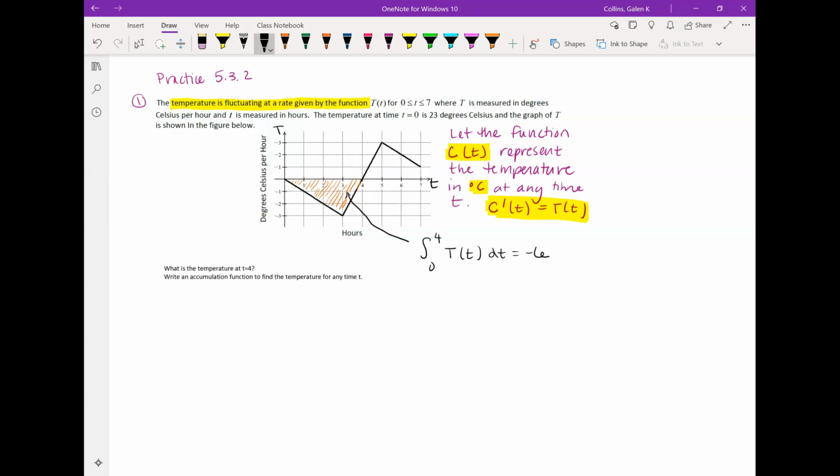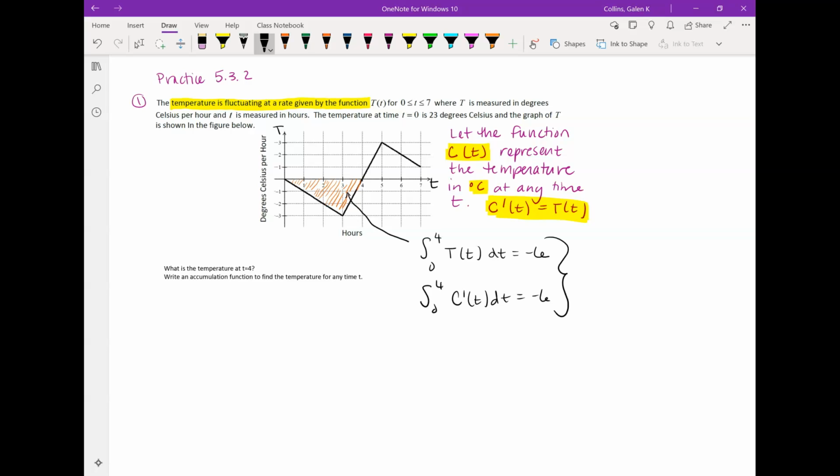So recall that when we integrate T, or C prime, in this case these would be the same thing since we said C prime is T. When we integrate, this is going to tell us about the change in temperature when we integrate the rate at which temperature is changing over a closed interval.